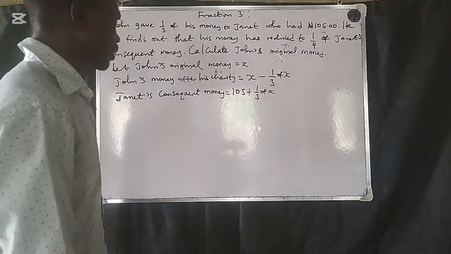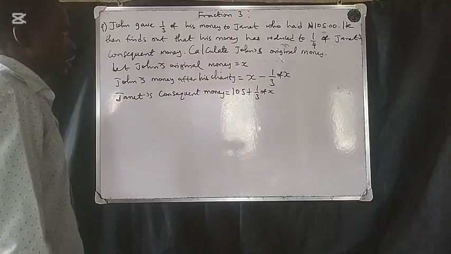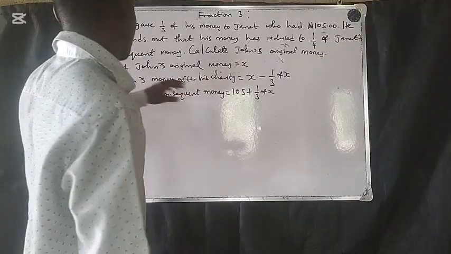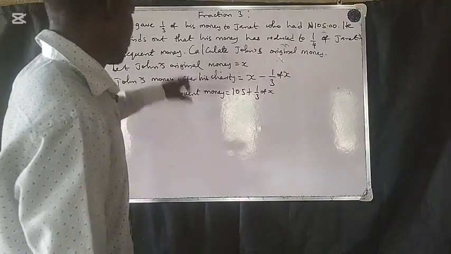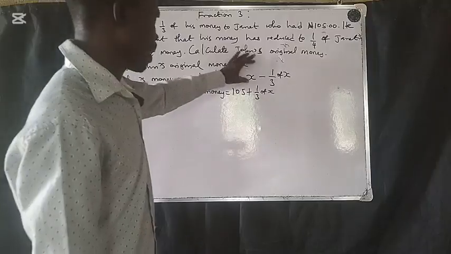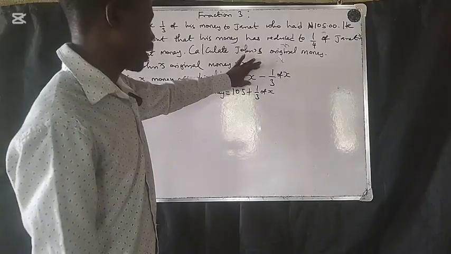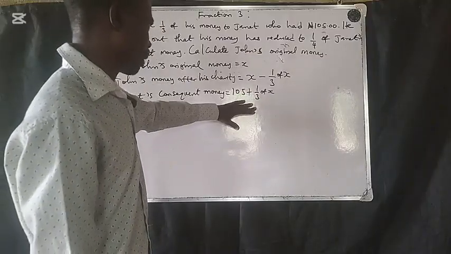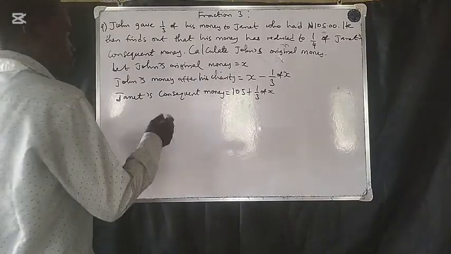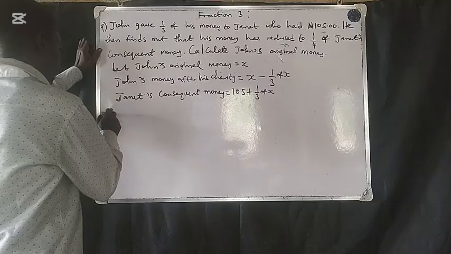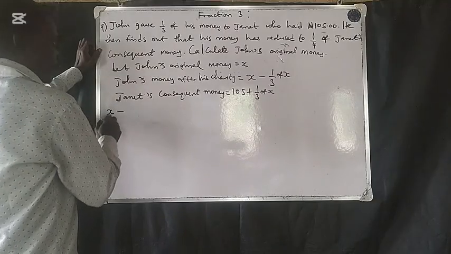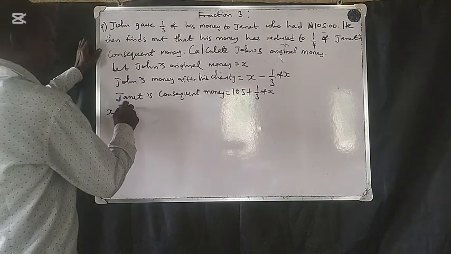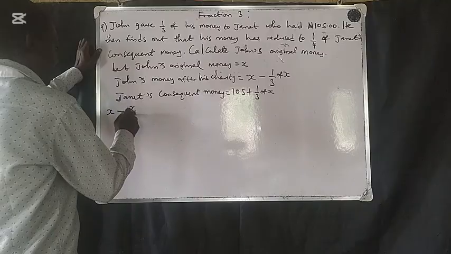So we are told that because of what John did, his money has reduced to 1/4 of Janet's consequent money. That means we will express this amount in terms of that amount. John's money that remains is x minus 1/3 of x, that will be x/3.